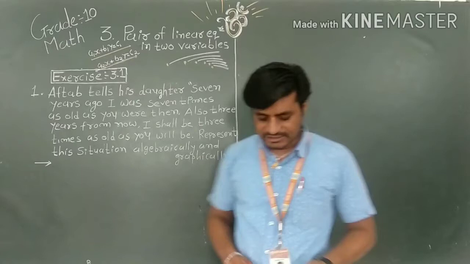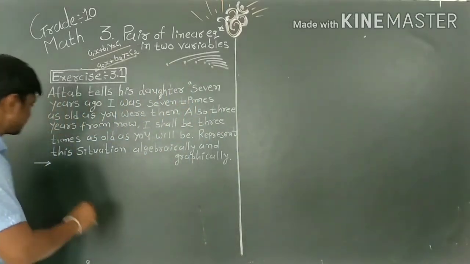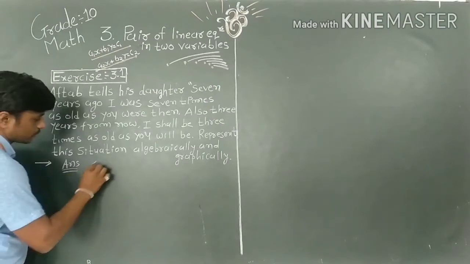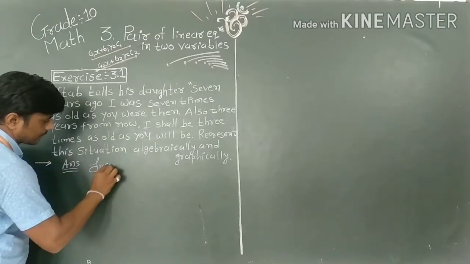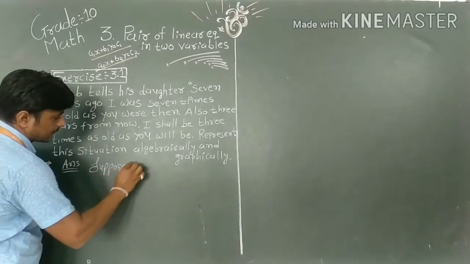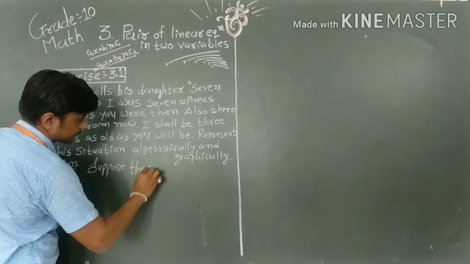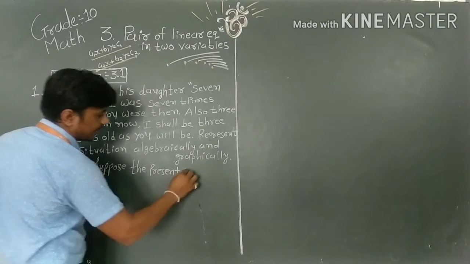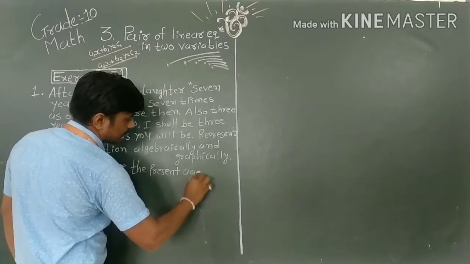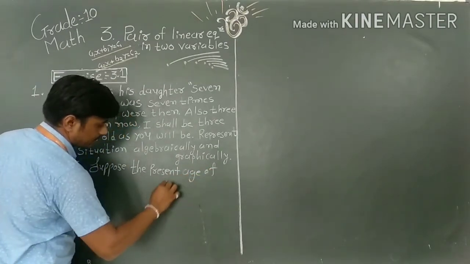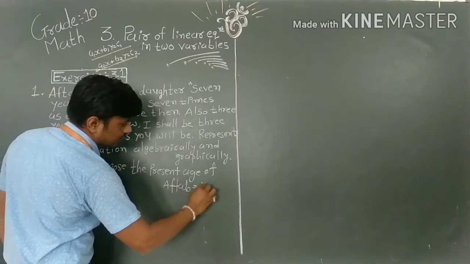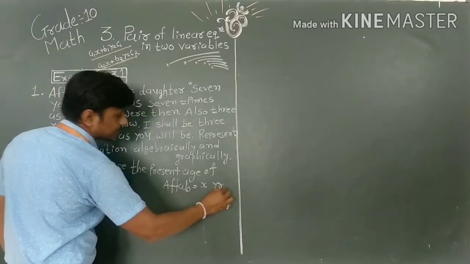Now let's start. I write here the answer. Suppose the present age of Aftab is equal to x years.